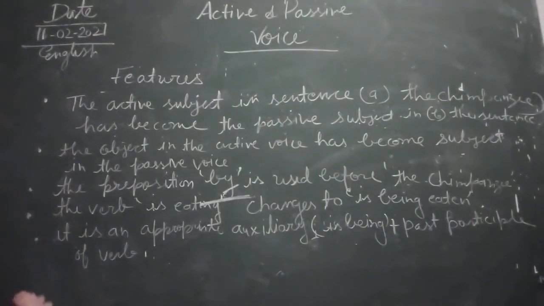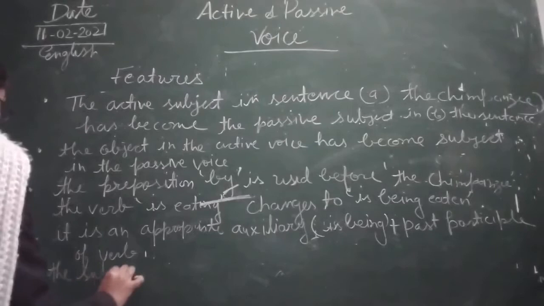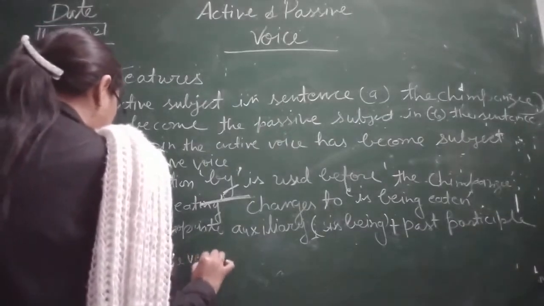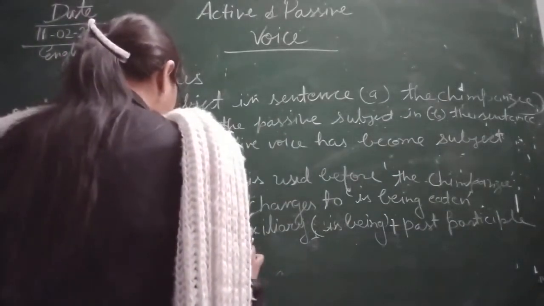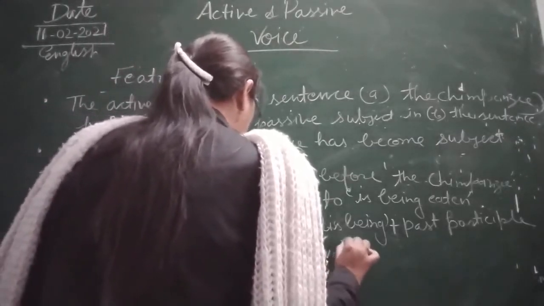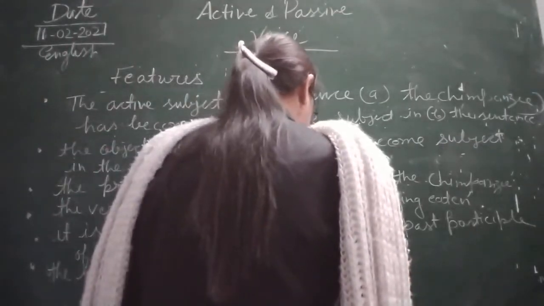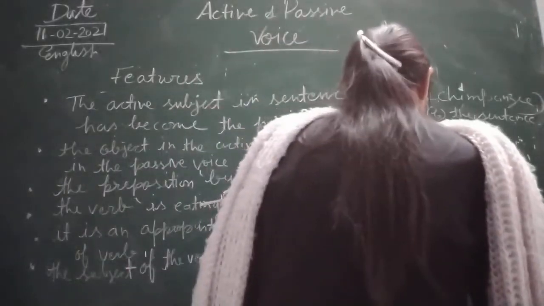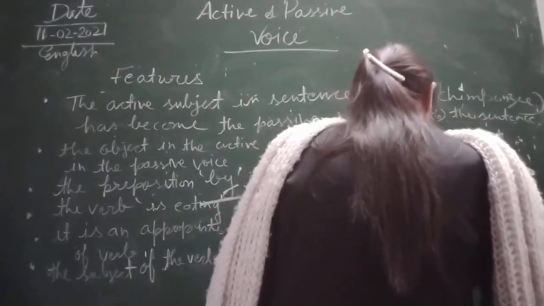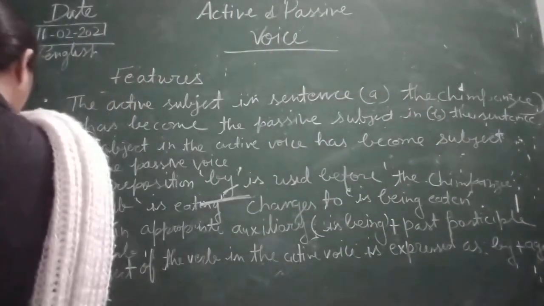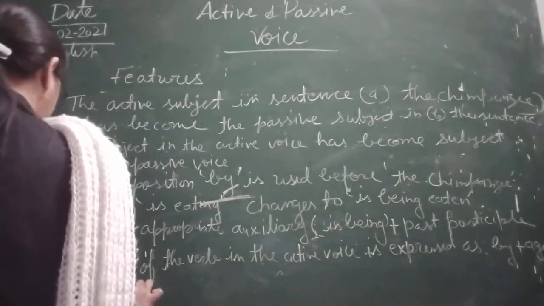Now children, here you can see the last point: the subject of the verb in the active voice is expressed as by plus agent in the passive voice.